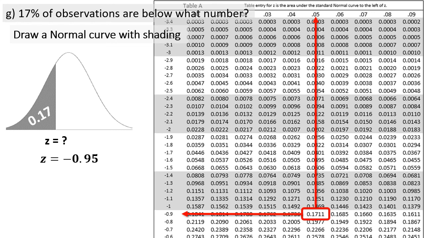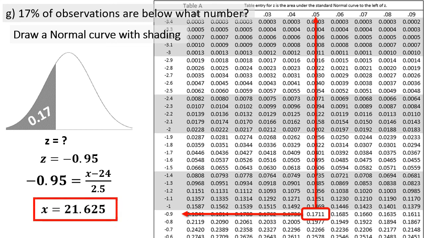We just take the closest value, and that is the z-score of negative 0.95. Then we simply use our z-score formula, working backwards because we now know the z and we're looking for the x. The resulting x value would be something like 21.625.